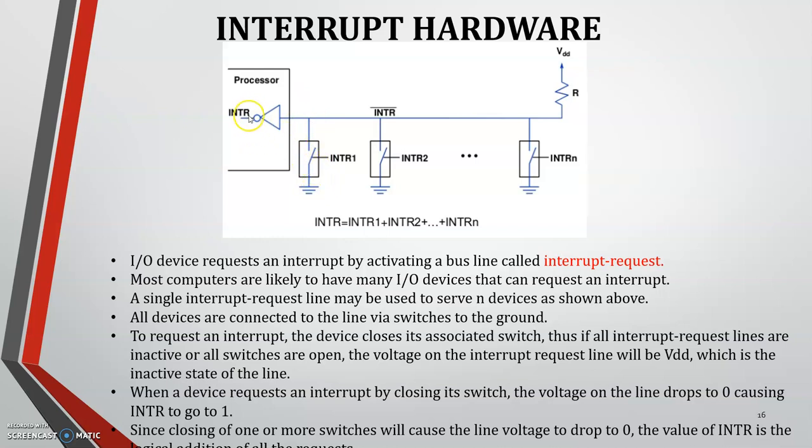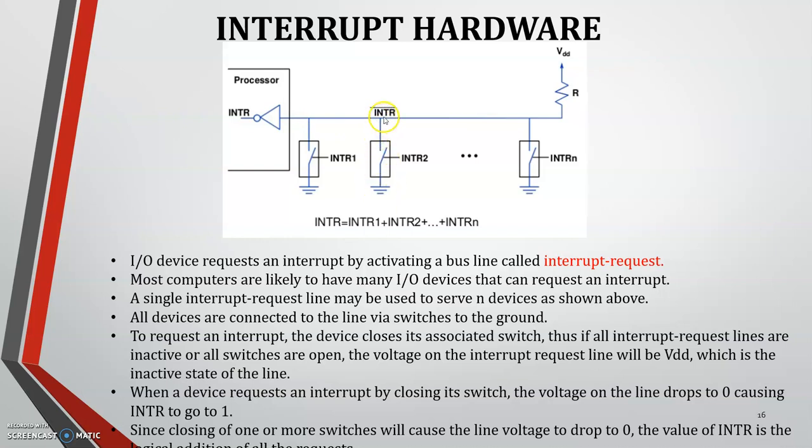If no devices are requesting an interrupt, the interrupt request line will be high. This is INTR bar, and it goes through a NOT gate, so the value of INTR will be 0. When a device, for example the second device INTR2, requests an interrupt by closing the switch, the line will be grounded.